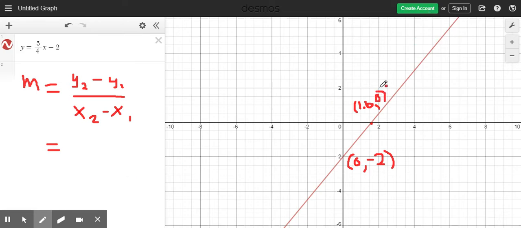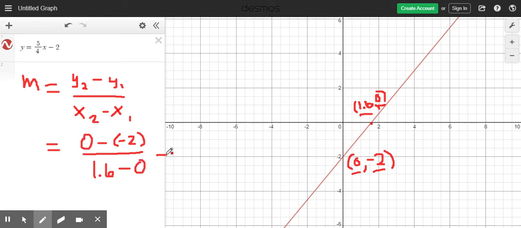Okay, so if we take y minus the y, we'll have 0 minus -2 divided by the x minus the x. So 1.6 minus 0. Minus a negative is plus.